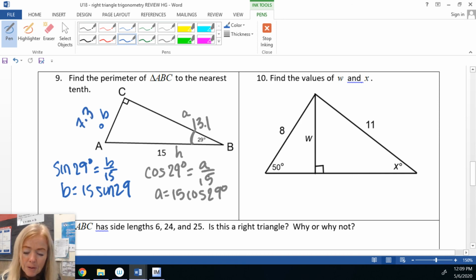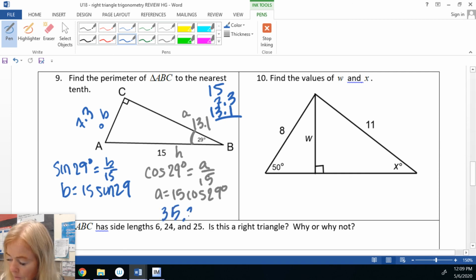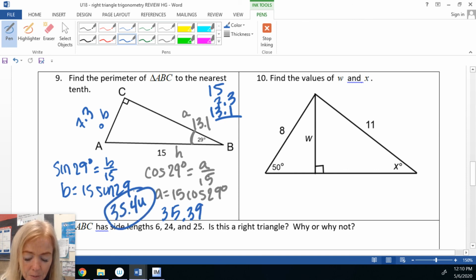For the perimeter, we have 15 plus 7.3 plus 13.1. I'm just going to use what I have in my calculator already, plus 15, to get the more accurate answer of 35.39, or 35.4 units is the perimeter.